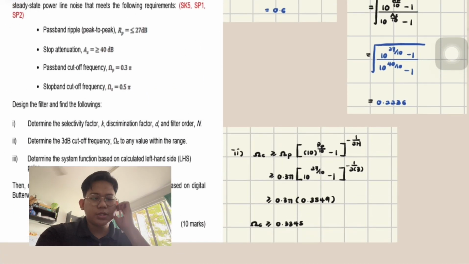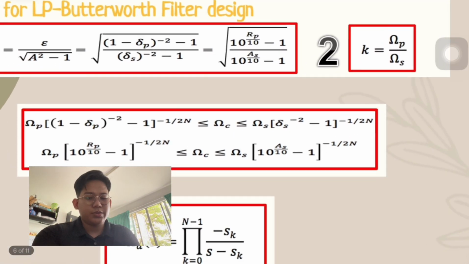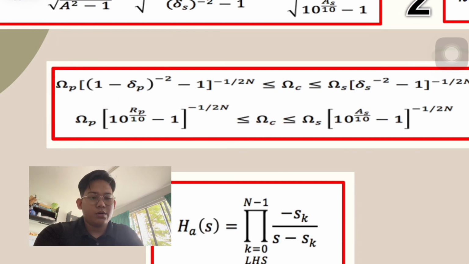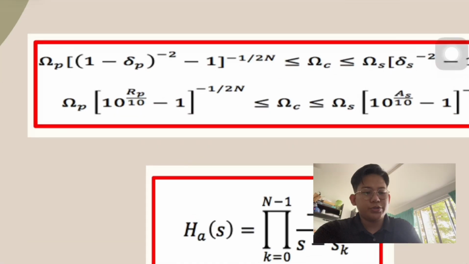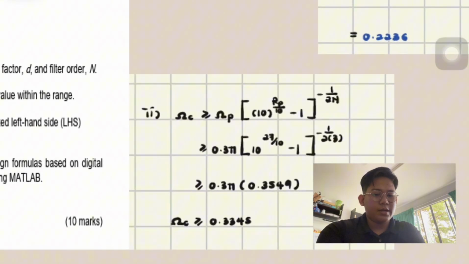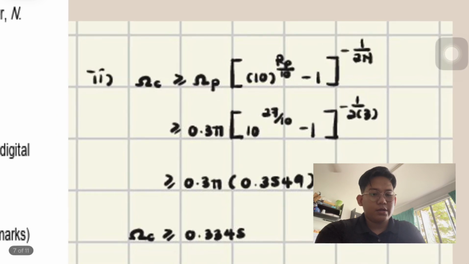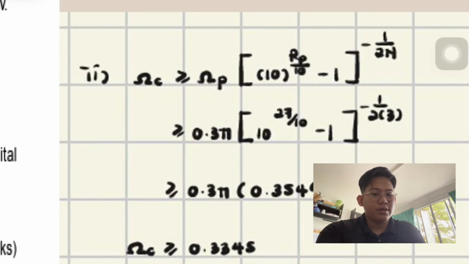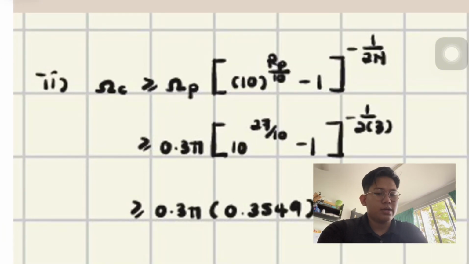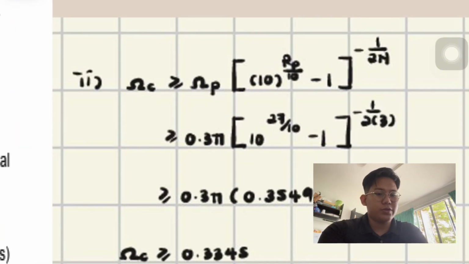We're going to use this equation, since we don't know the value of delta P. So omega c is more than or equal to omega P times the bracket 10 to the power of Rp over 10 minus 1, to the power of negative 1 over 2n.